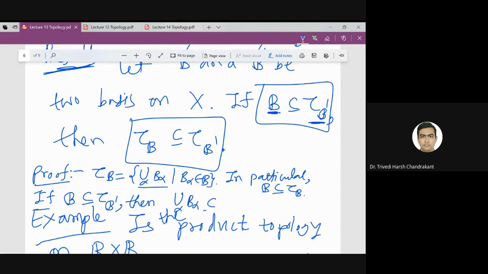Whether it is contained in tau B dash. I should write belongs to. So is it true? In fact, it is true. So which property are we using here? That is the question.